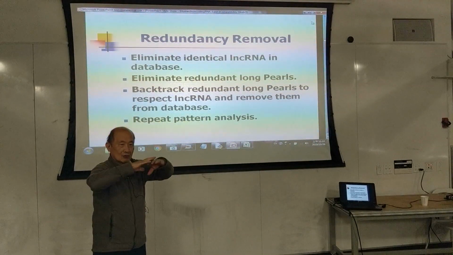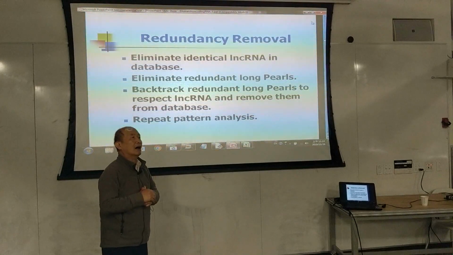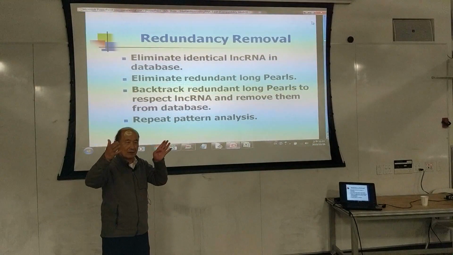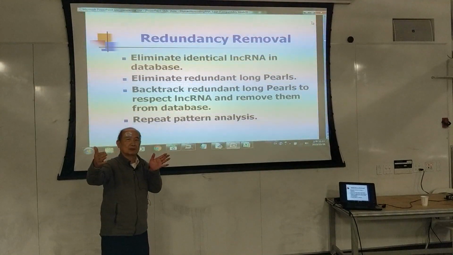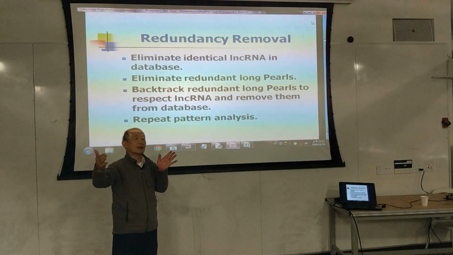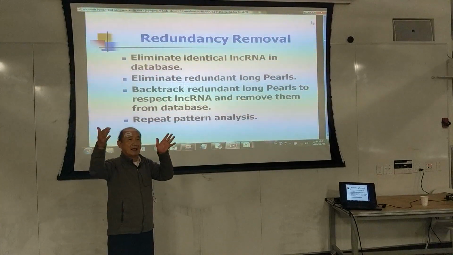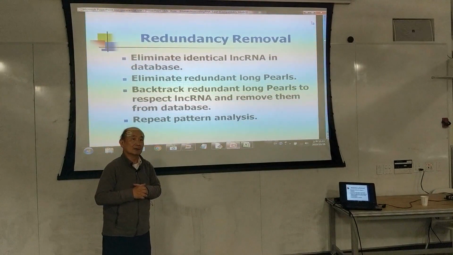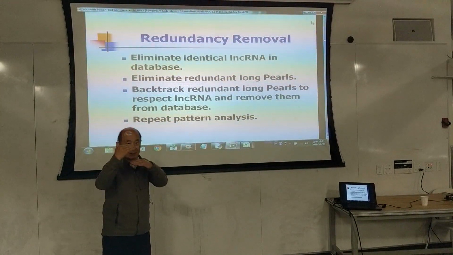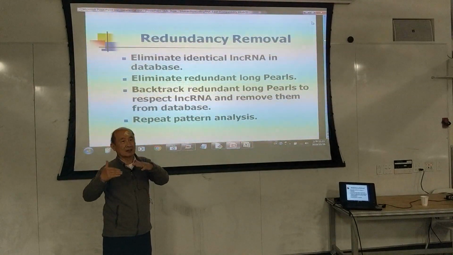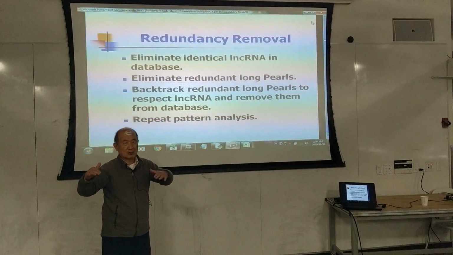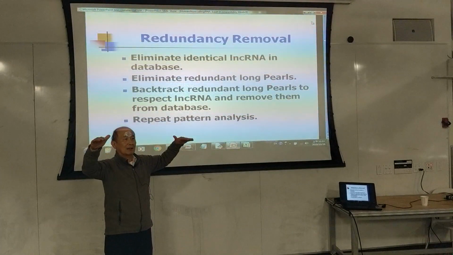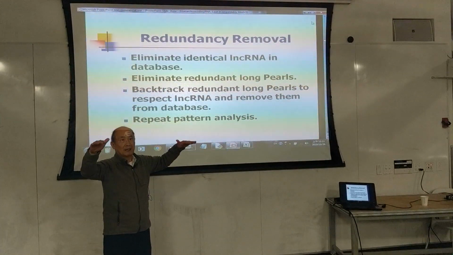In all the pairs, I take the middle 200 nucleotide pattern and go through the rest of the pair list to find if there's anyone which has a match. If I find a match, then this one is a repeat, so this one is eliminated from my pair list.